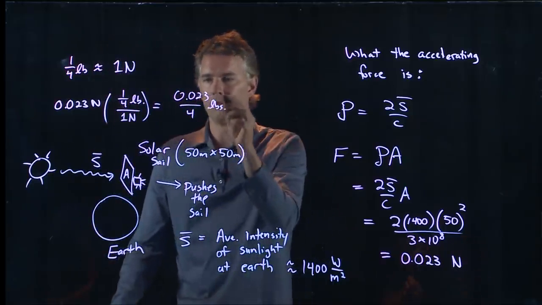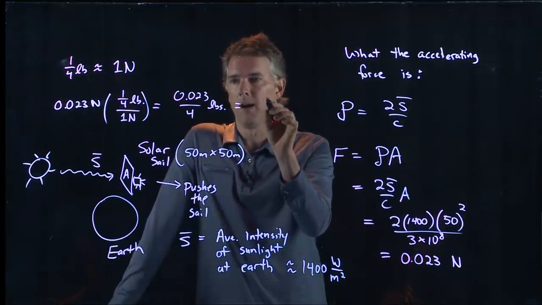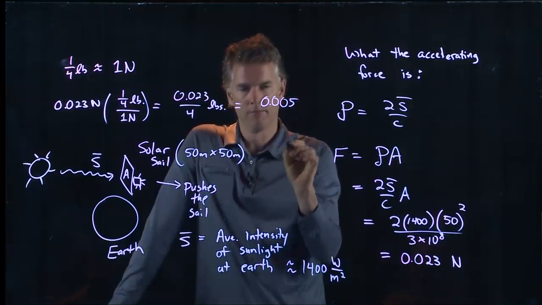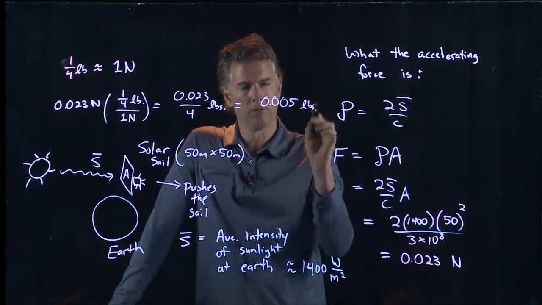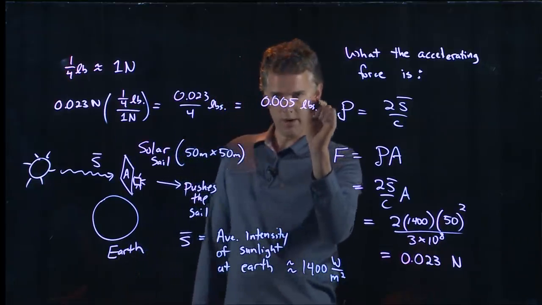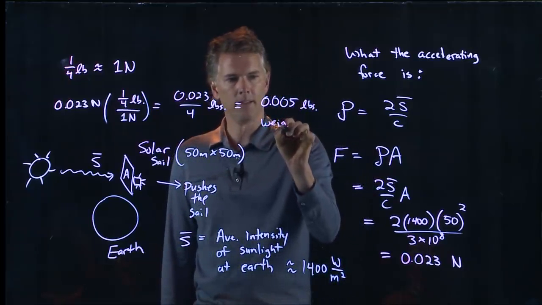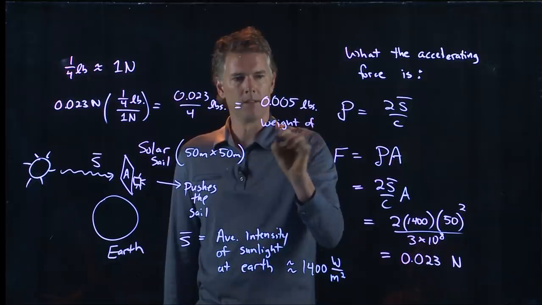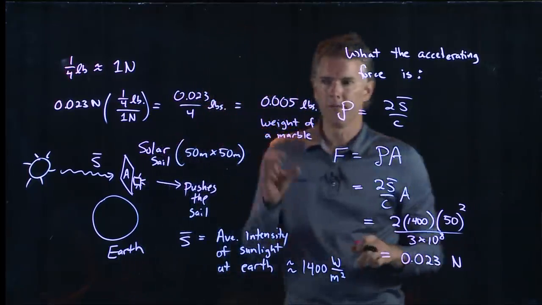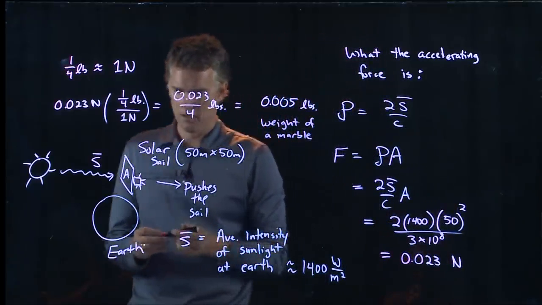And 0.023 over 4 is what? Well, it's about 0.005 pounds. Okay. It's something really very small, right? This is about the weight of a marble. Okay, a very small marble has this much weight.